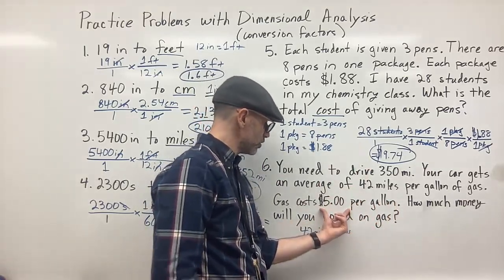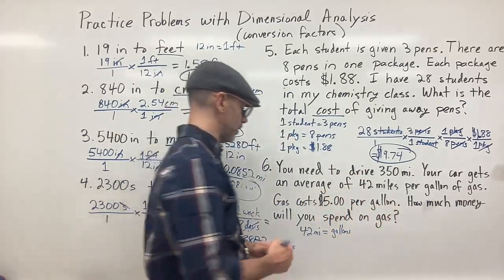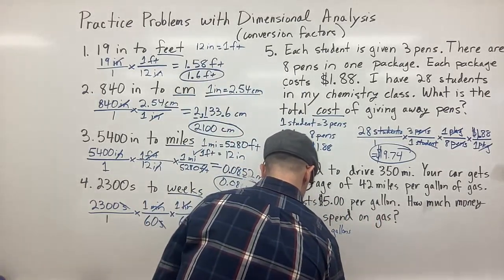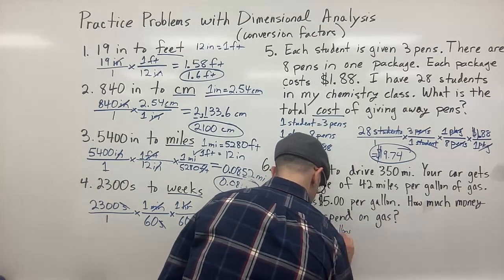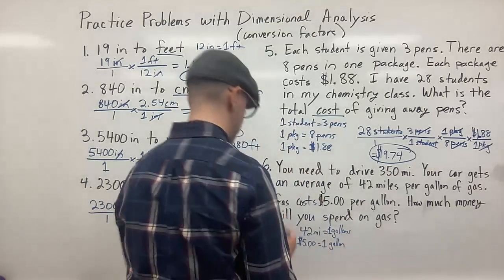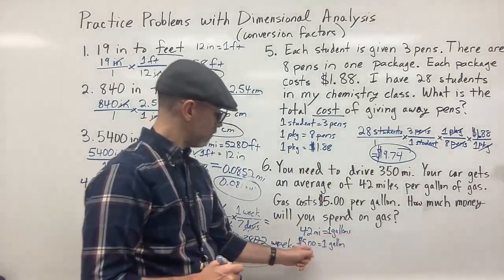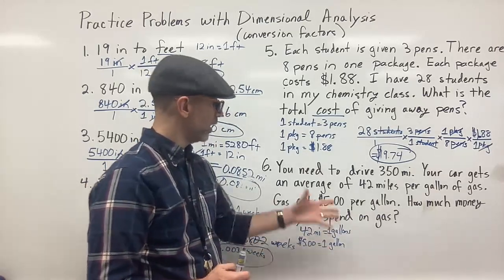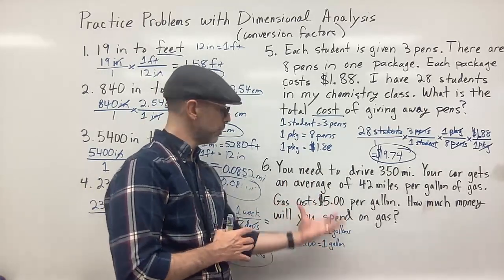So $5 of money is equal to 1 gallon of gas. I forgot to put the 1 there. So 42 miles is equal to 1 gallon, and then $5 is equal to 1 gallon. Okay, so now we've got the equalities, we've got the relationships pulled out of the problem.